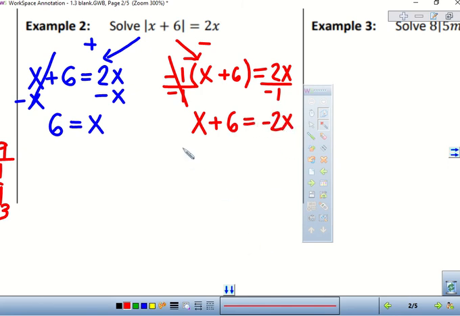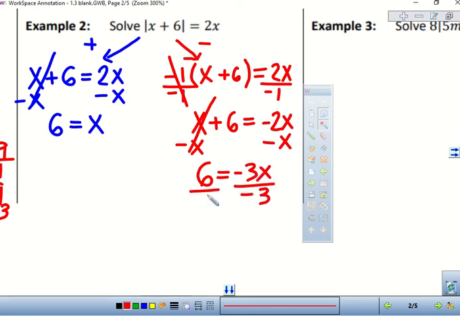Now to finish solving that, I am going to subtract x on both sides. That's going to give me 6 equals -3x. And then I'm going to divide both sides by -3, which gives me x equals what? -2. Very good. So these are our two possible solutions.